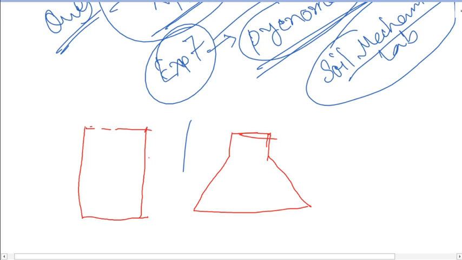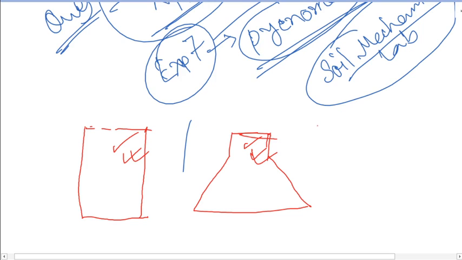However, in this experiment we may use both types or either one. If we have both apparatus, our two groups will conduct the test, or if we have 4 groups, 2 will use this one and the remaining 2 will use the other one for their experiments.